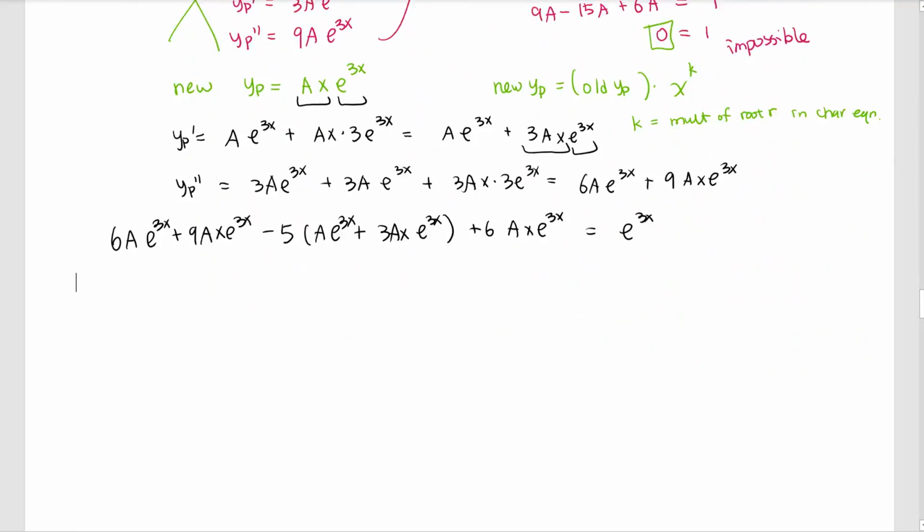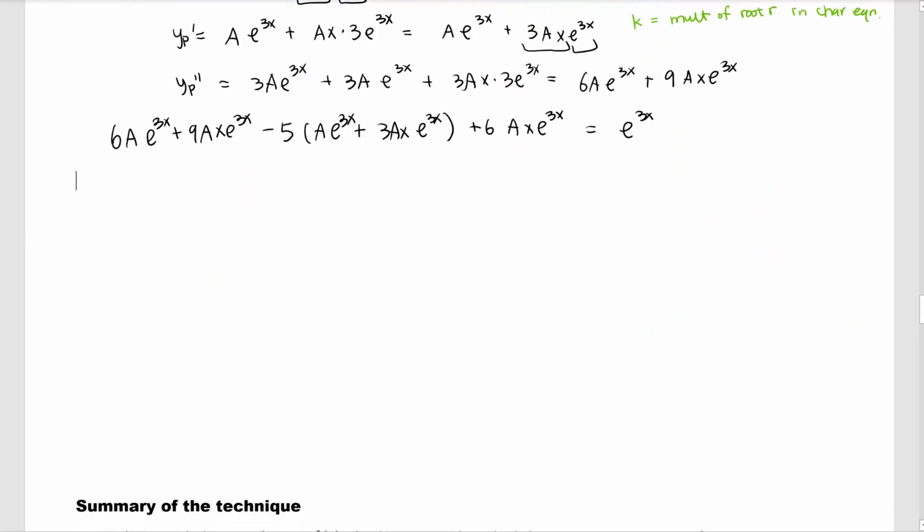Okay, let's multiply out. So we multiply out, we get 6a e to the 3x, 9ax e to the 3x, minus 5a e to the 3x, minus 3 times 5, 15ax e to the 3x, plus 6ax e to the 3x equals e to the 3x.